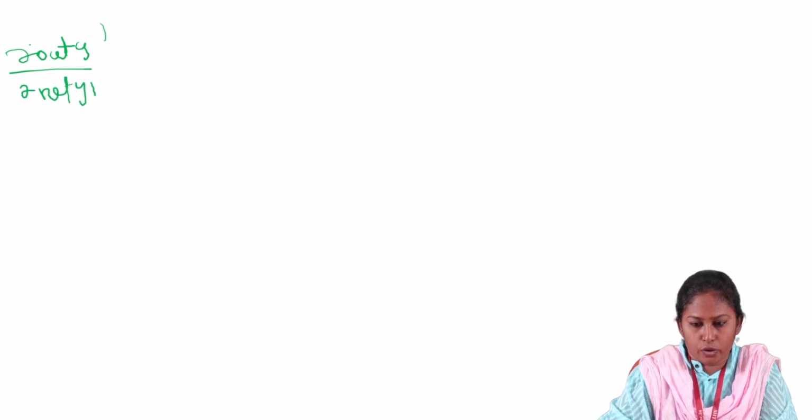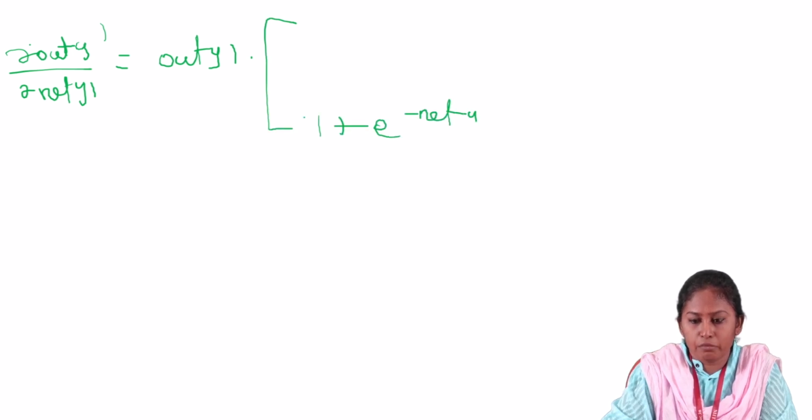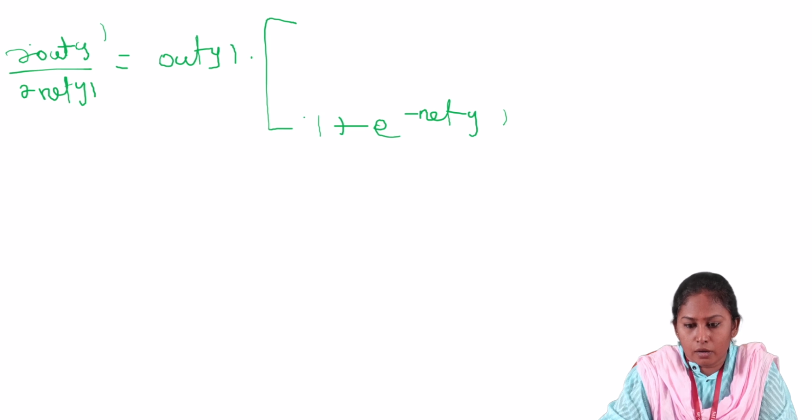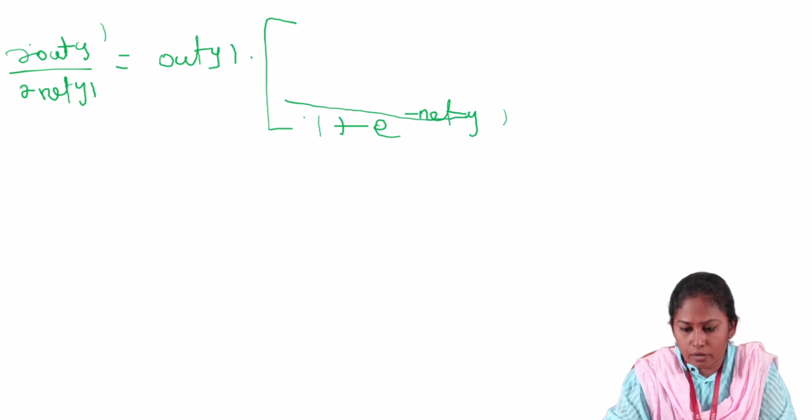It is nothing but do out y1 by do net y1, which is equal to 1 divided by 1 plus e to the power minus net y1, which can be written as out y1 dot, with 1 plus e to the power minus net y1 taken as a common denominator.